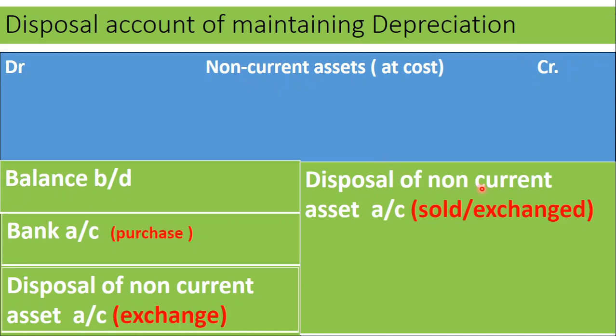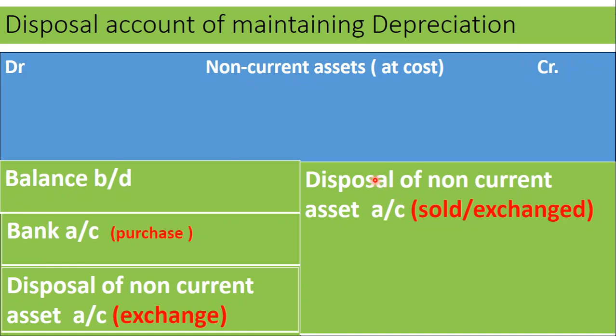So in the credit side, I forgot to tell you, in the credit side we record sales. So when you are selling it off, you have to write this heading: disposal of non-current asset account. Since this is a method of solving your depreciation by creating a disposal account, whenever you are selling it, you need to write the heading as disposal of non-current asset here.